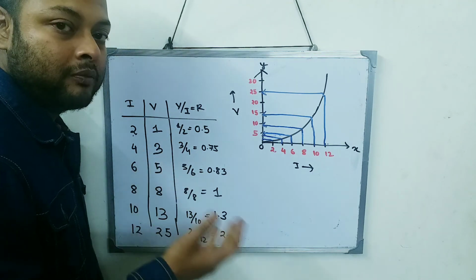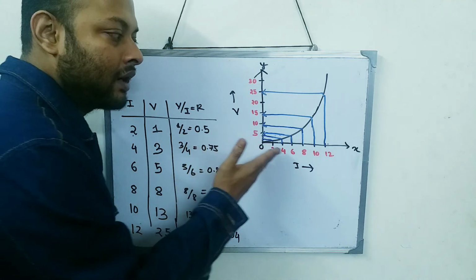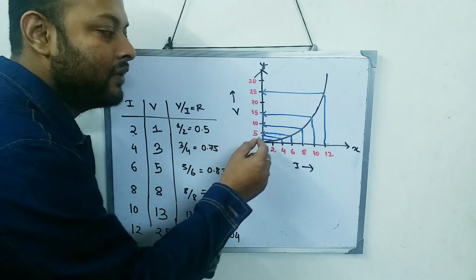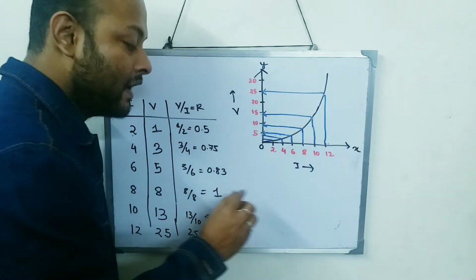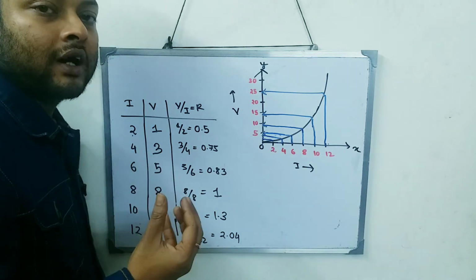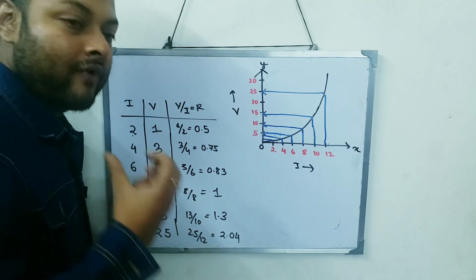So that's what I tried to say earlier. For a non-ohmic conductor, the resistance will be different at every particular point, over here or over here, the resistance will change. That is why for a non-ohmic conductor the resistance doesn't remain the same, the resistance varies.